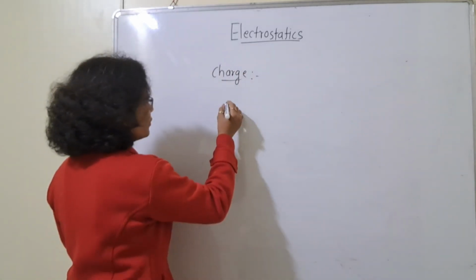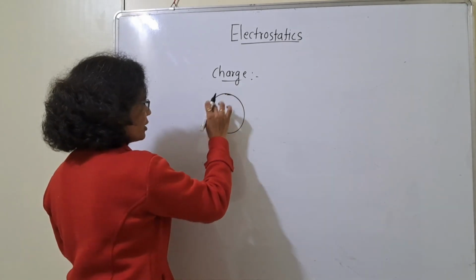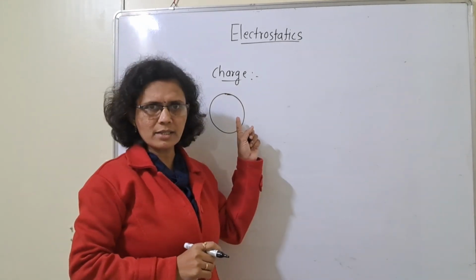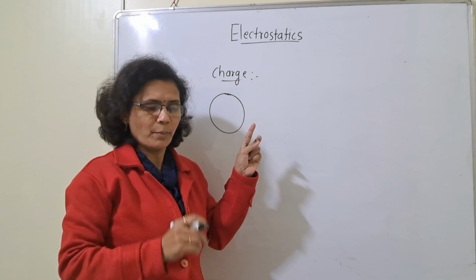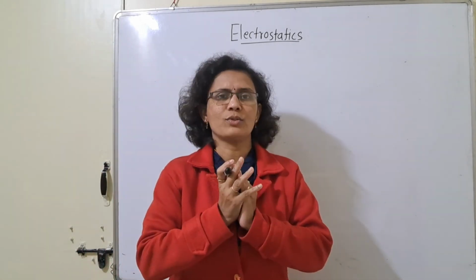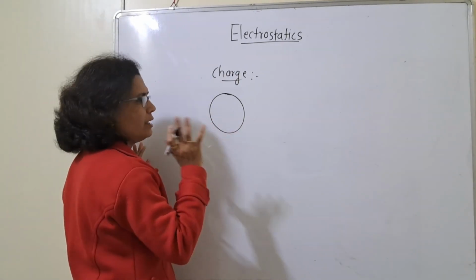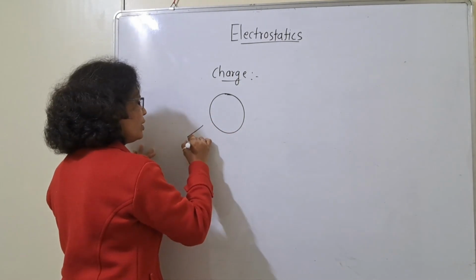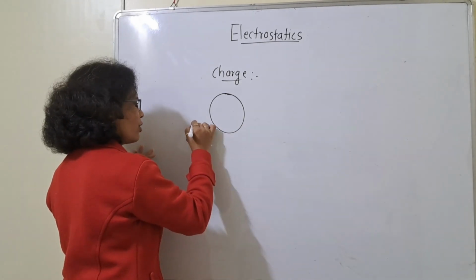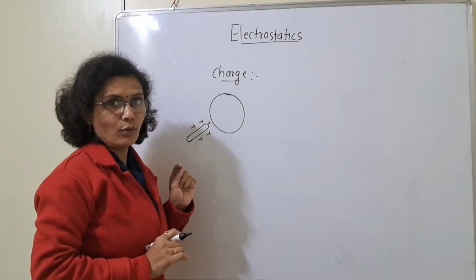Let us consider one uncharged body, meaning a neutral body. Does it have no charge inside? No, there is charge, but the number of positive charges is equal to the number of negative charges. If I bring a positively charged rod near this neutral body, what will happen?